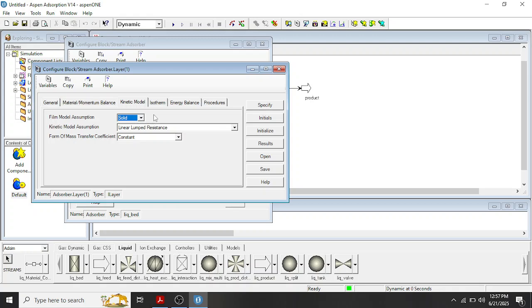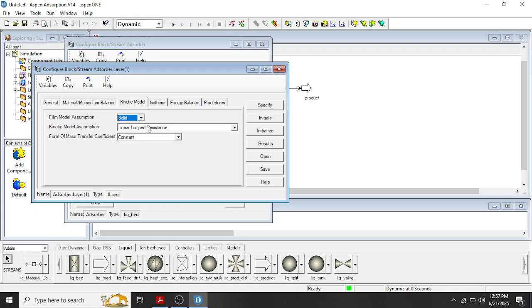the solid film assumption and the kinetic model assumption of linear lumped resistance. It can also be quadratic resistance. This shows the resistance to the transport of material. When the 2,4-dichlorophenolic compound is transported from the bulk concentration to the surface of the activated carbon, it will pass through various resistances.